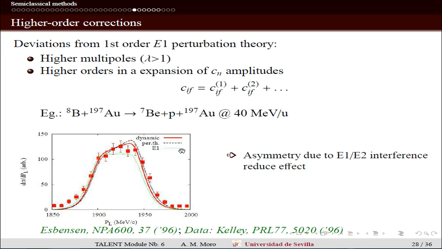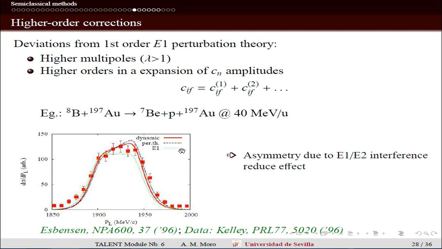This is what is called the longitudinal momentum distribution, in this case of the core, of the beryllium-7. I don't know if you are able to see this green line here, which is the first order calculation, including only the dipole term.